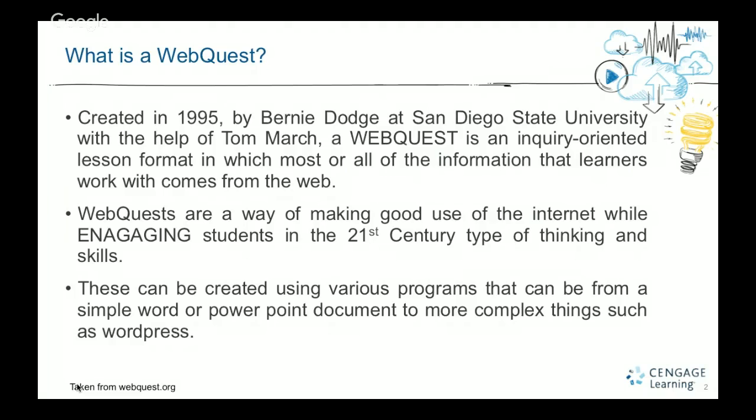21st century skills. The WebQuest can be created using many programs. You don't have to be an internet expert, so there's no need to worry. You can just start a WebQuest with a word processor, the Word that you have in your Office suite of Microsoft, for example. You can use it with a PowerPoint document. You can do it with an Excel.